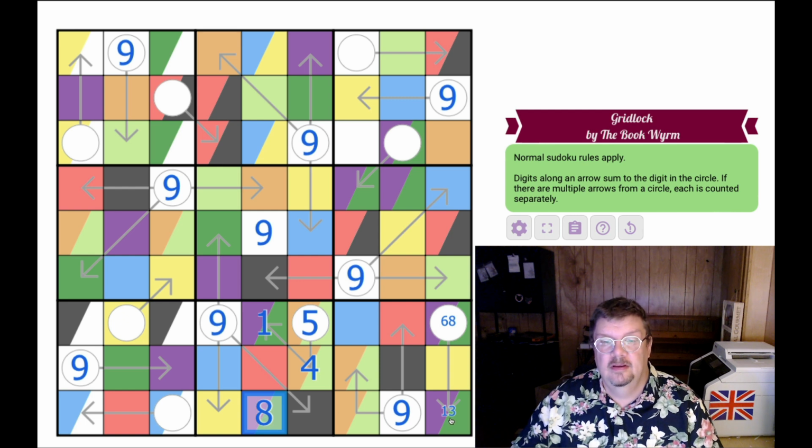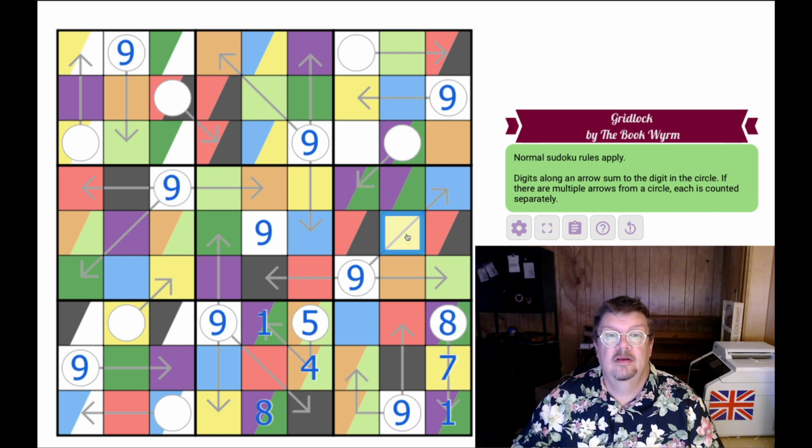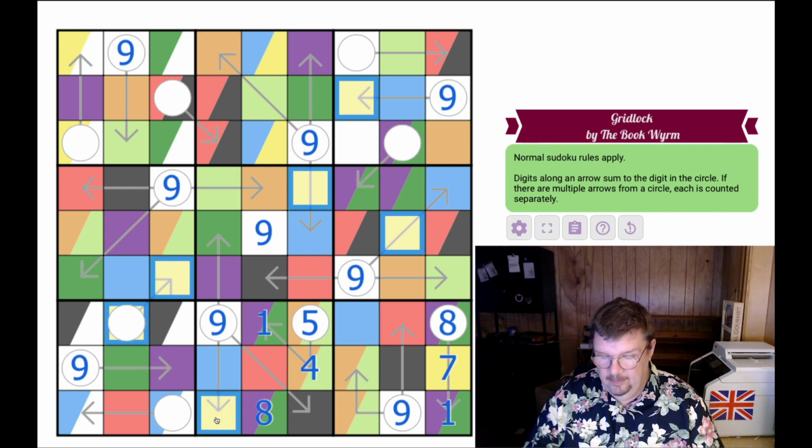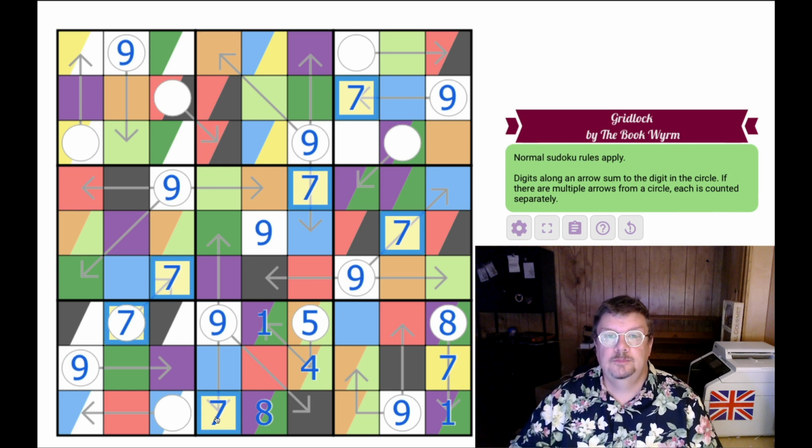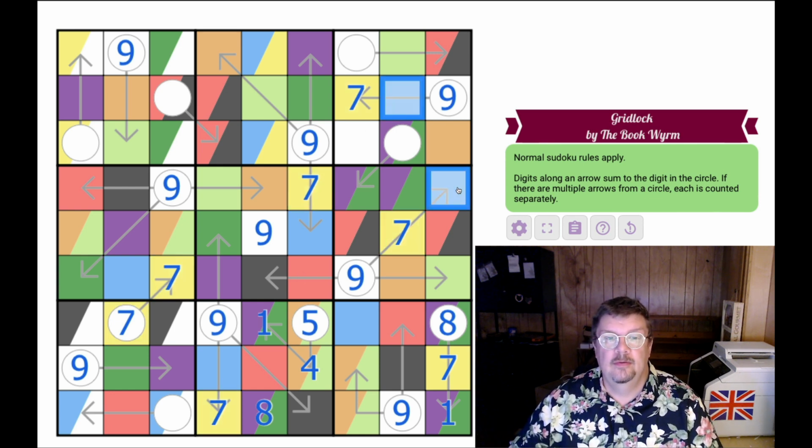That's an 8. That's a 1. And that's an 8. The difference between 8 and 1 is 7. So all of our, don't know which one that is yet, but all of these now become 7s. All of our blues that are for sure blues become 2s, because 7 plus 2 makes 9.